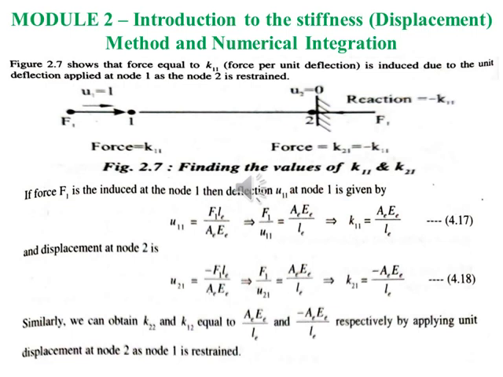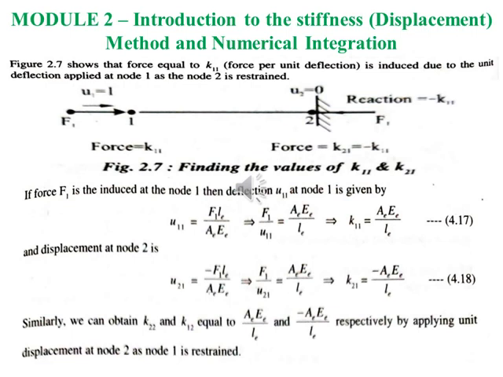Similarly, displacement at node 2 is given by U21, that is equal to minus F1 L_e divided by A_e E_e, which gives F1 divided by U21 is equal to AE divided by L. Hence K21 is equal to minus AE divided by L.